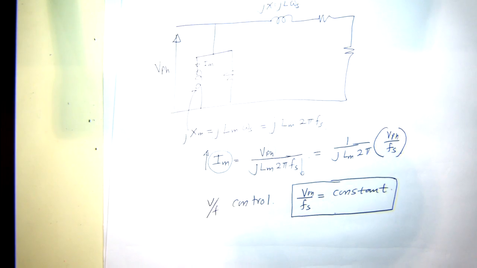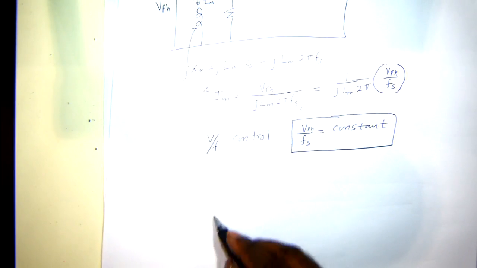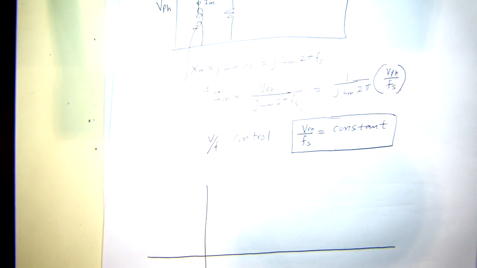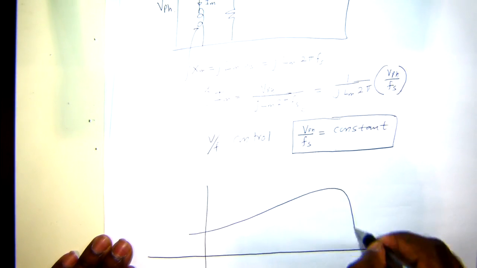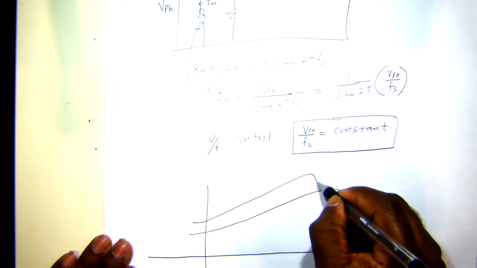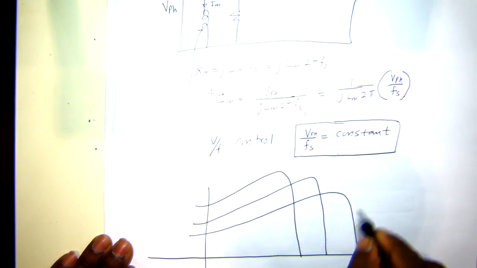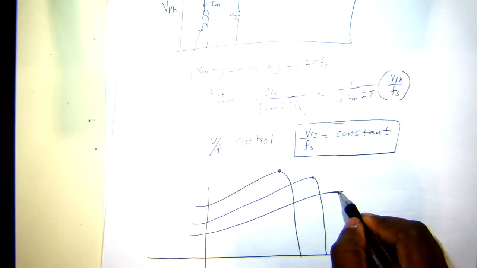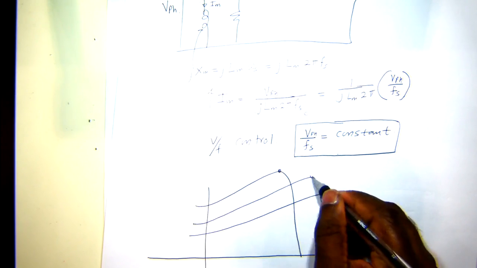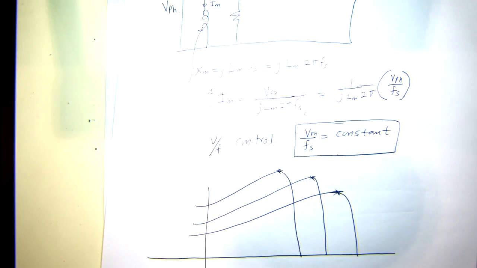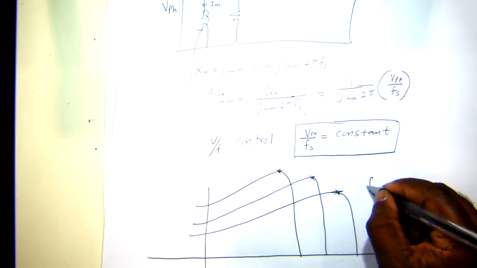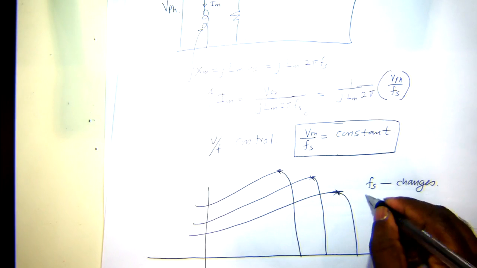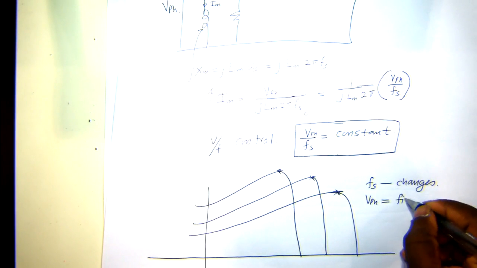In the plots that we did earlier, when we were not changing the magnetizing current, when we were just changing the frequency, you had, let's say, this is the normal operation, and then you had something like this, and then something like this. This peak point is called the pull-out torque. The pull-out torque value increases with frequency if the frequency changes and the phase voltage is fixed.